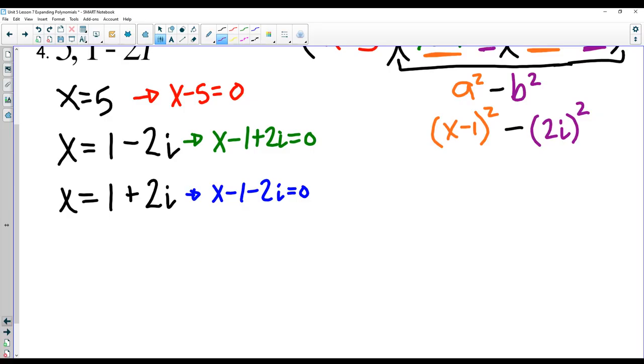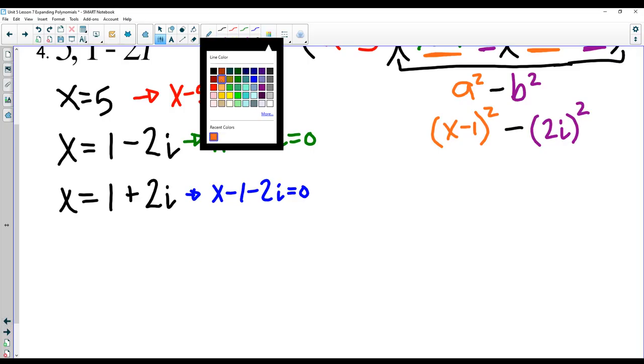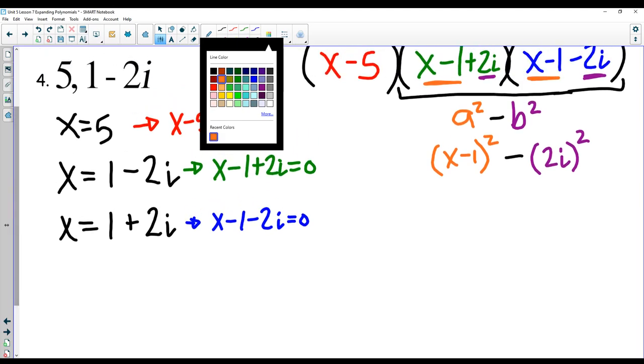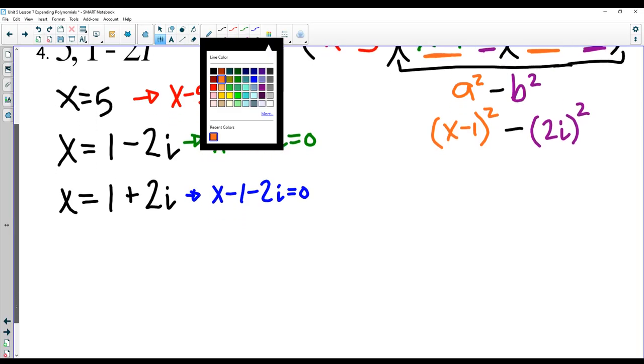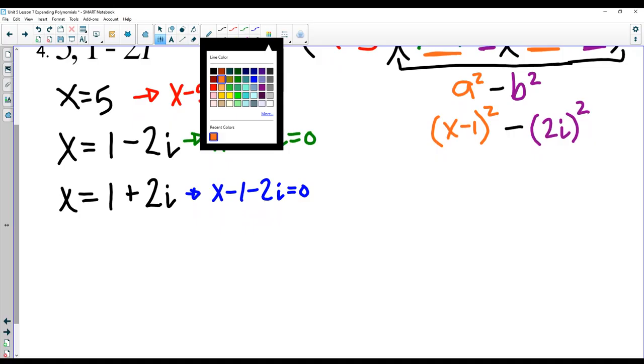Because this is a little bit more involved with distribution, this is the shortcut that you can pay attention to. If you wanted to distribute all of that out and multiply, x by x, negative 1 and negative 2i, and then multiply negative 1 by all of the blue, and then positive 2i by all the blue, that's perfectly fine. This is just hopefully saving a step and saving some possible errors that might happen.